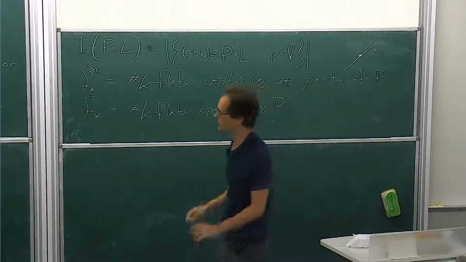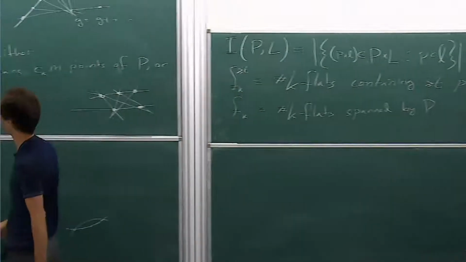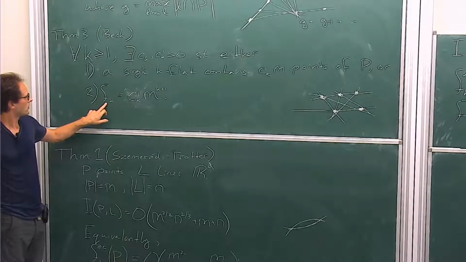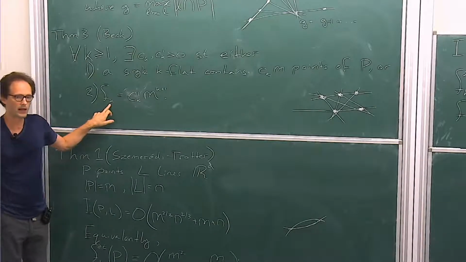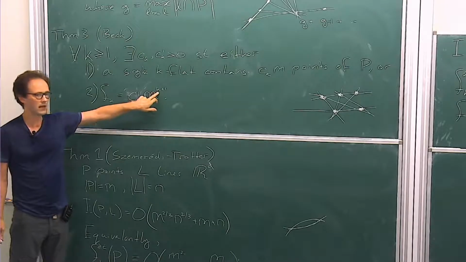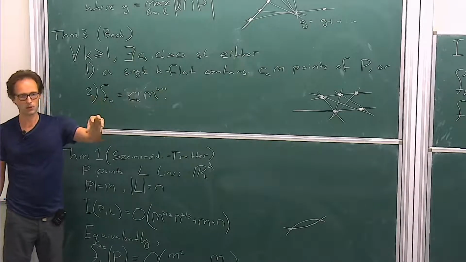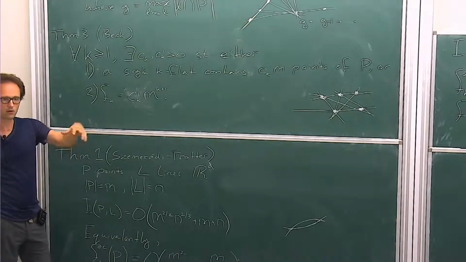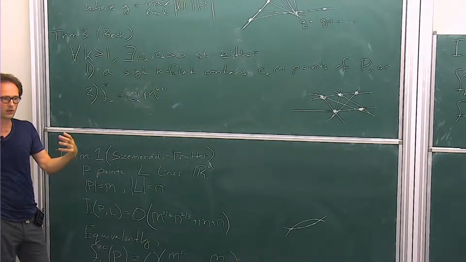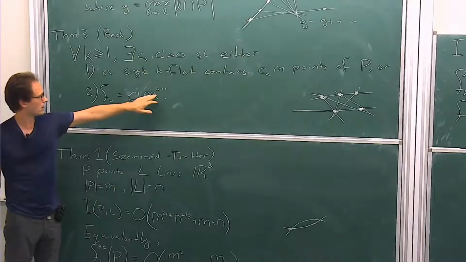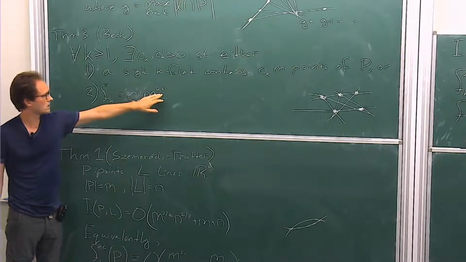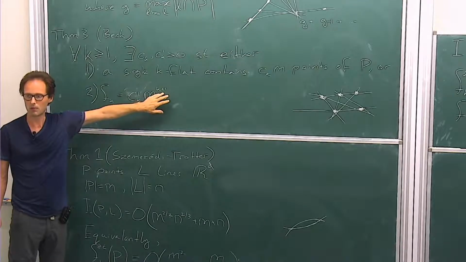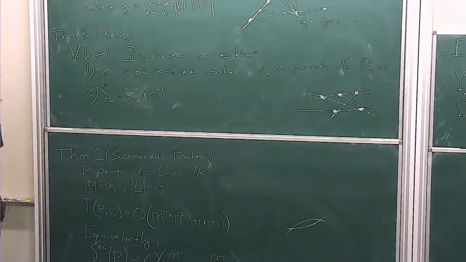So there are subtleties in the higher dimensional case. A k-flat is determined by k plus 1 points not contained in a lower dimensional space, giving a unique k-flat. So order n to the k plus 1 is the largest number of k-flats that could possibly be spanned.